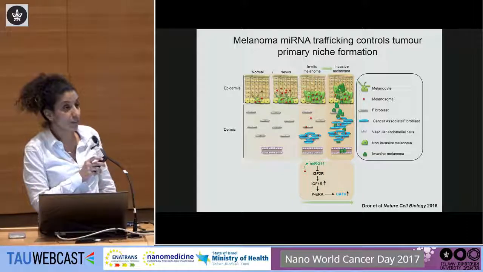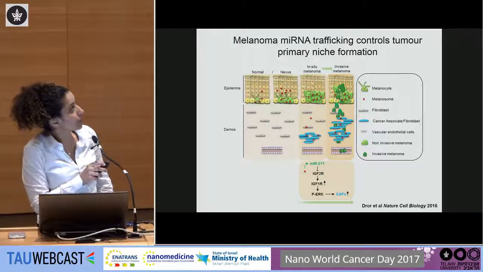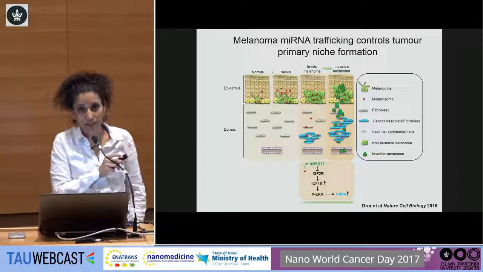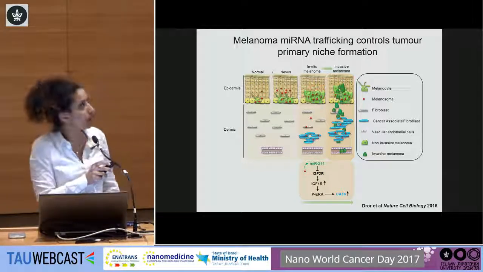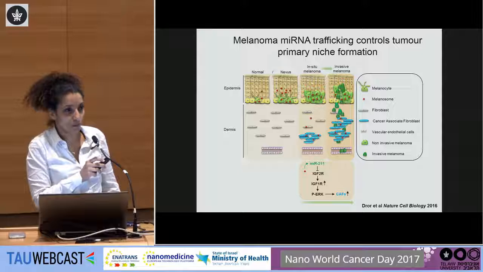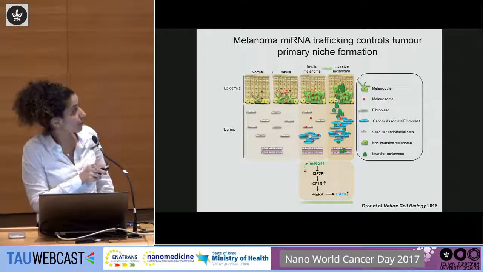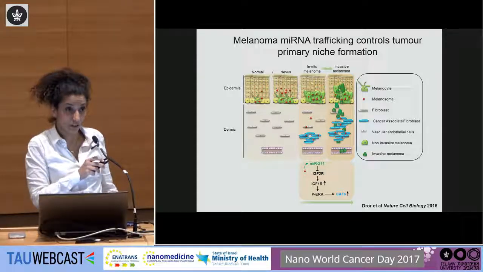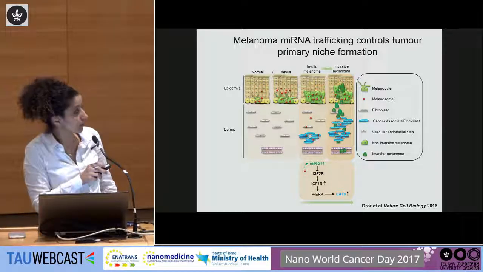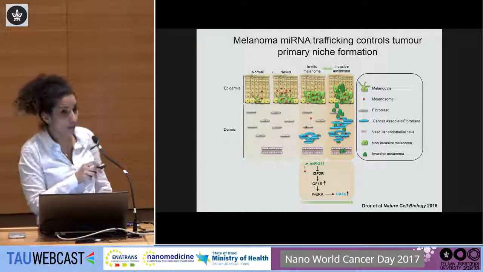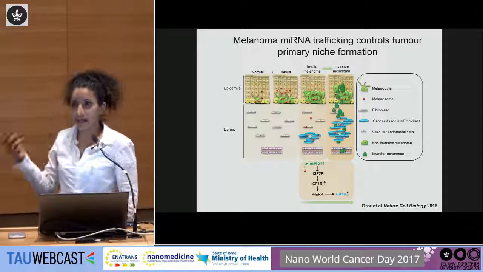So we have here the normal melanocyte, and when there is a malignant transformation, cells are growing within the epidermis, the in situ melanoma or radial melanoma. In this stage, melanoma cells are busy in sending vesicles down to the dermis. There are dermal changes, dramatic changes. Cells are being, here in the dermis, the fibroblasts, are being transformed into cancer-associated fibroblasts. They are enhancing growth.